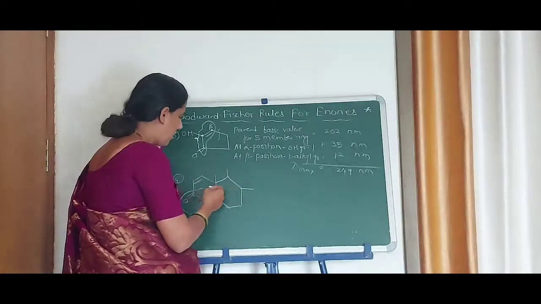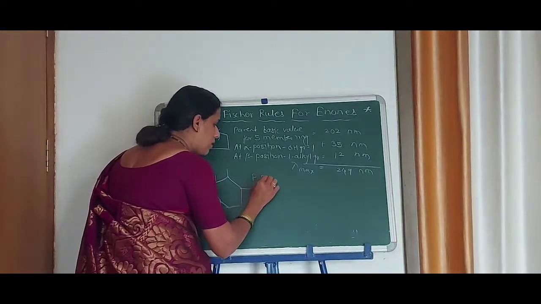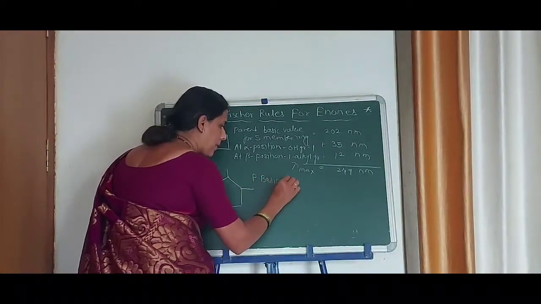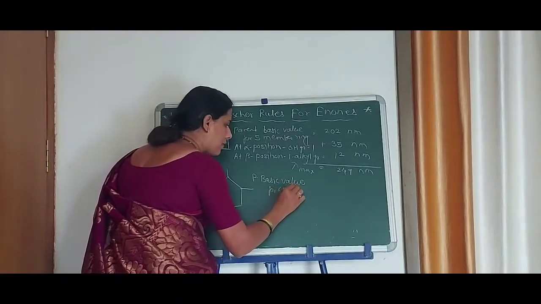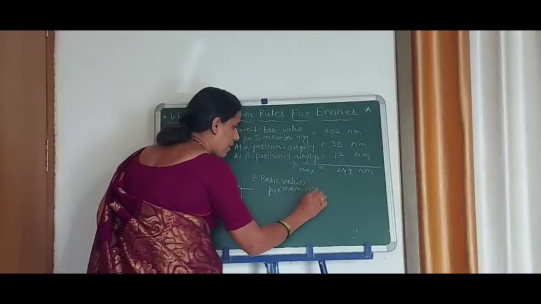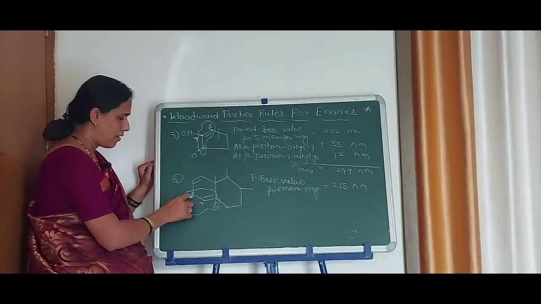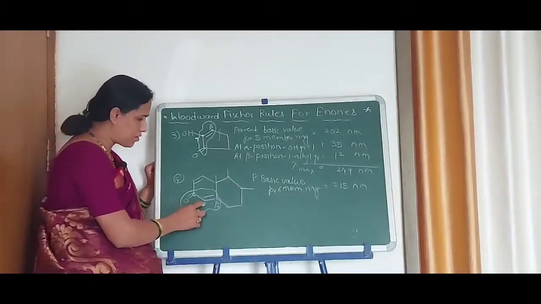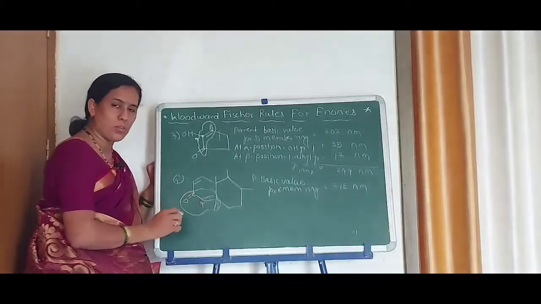It's a 6-membered ring, and for the 6-membered ring, the parent basic value is equal to 215 nanometer. That is for enones. Now for alpha position or beta position. At alpha position, what alkyl groups are attached?